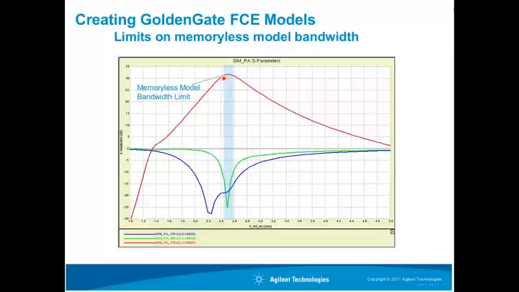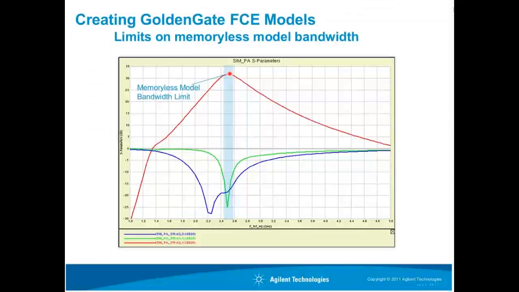But even at that, I would have to be aware that I'm having about a half a dB of error at the edges of my band. So it probably isn't too bad if that's just intermods that are already 100 dB down. It's probably not a big deal. But just be aware that this circuit, by the way, may have baseband memory effects that need to be modeled as well. So the in-band effects are only part of what you have to check for.